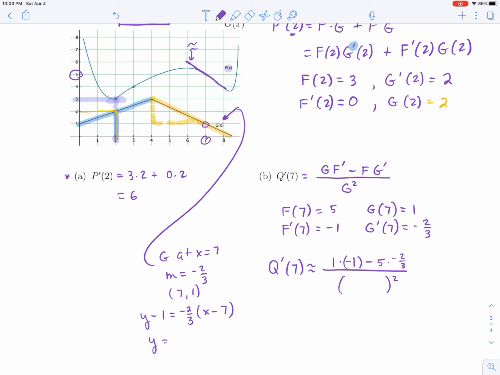So we'll solve this for y. Negative 2/3 x plus 14/3 plus 1. This will be 17/3. So let's go ahead and write this as 17/3 minus 2/3 x.